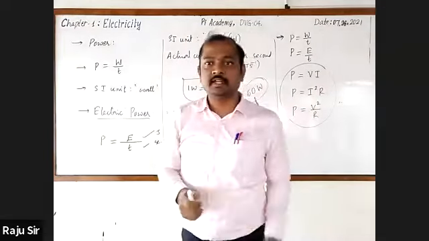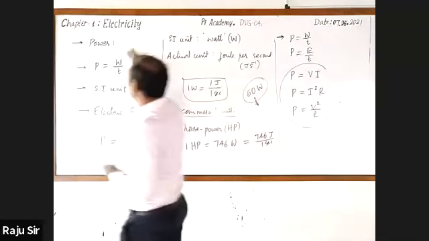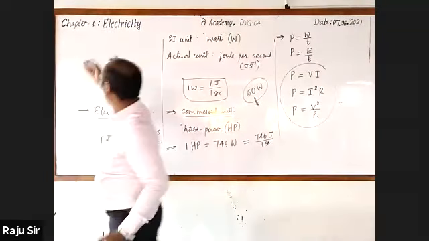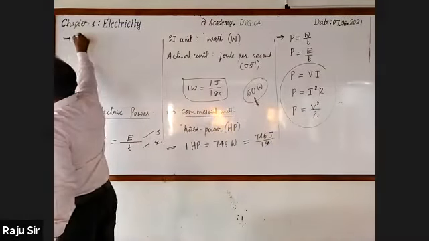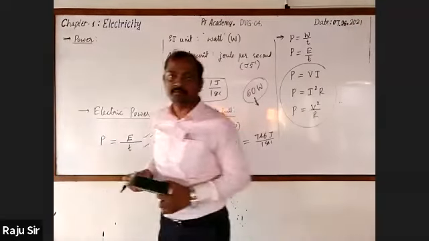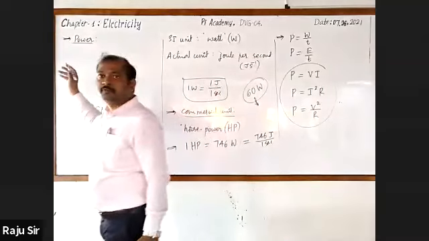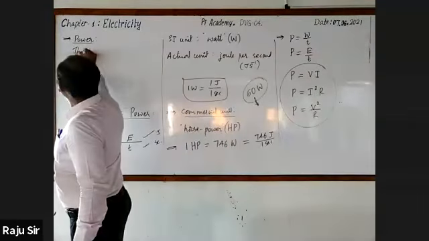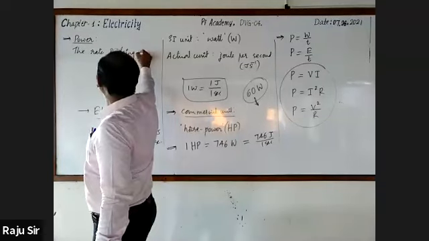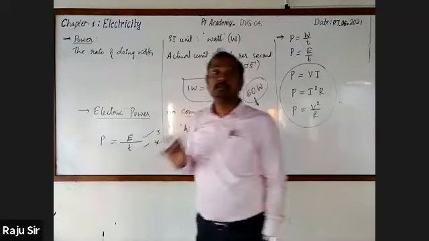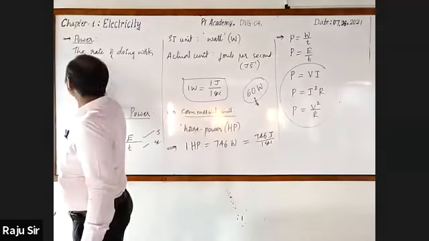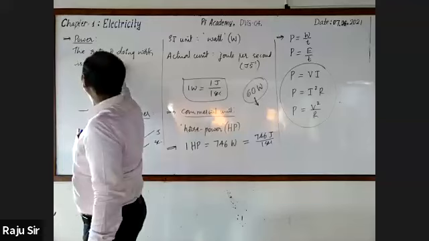First write side heading, power. Write down its definition. It is the rate of doing work. The rate at which work is done is called power.